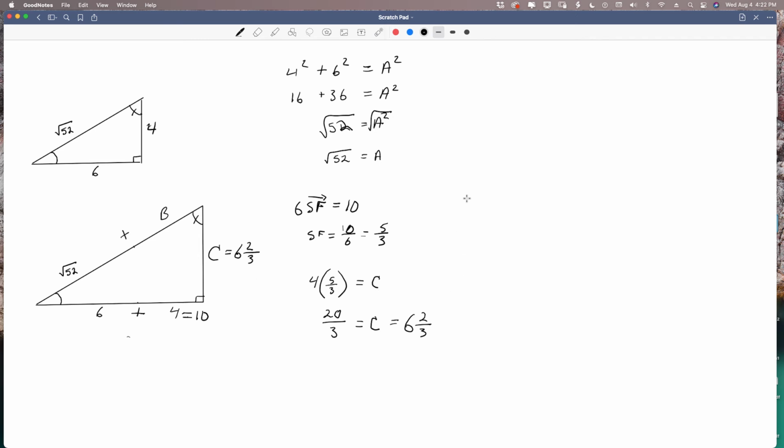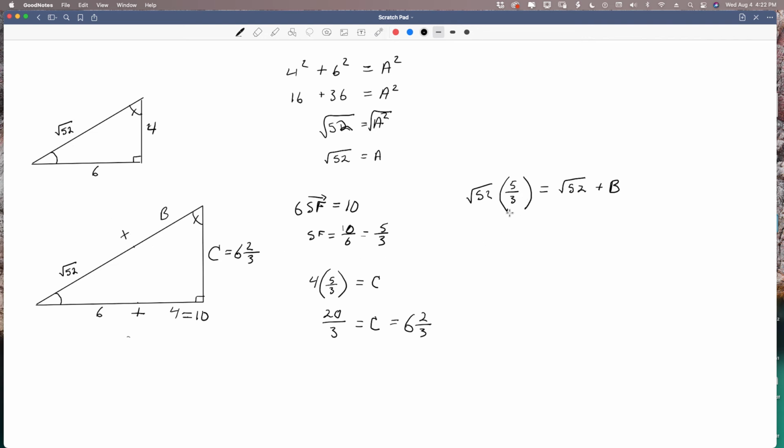So we're going to say the square root of 52 times our scale factor, which is 5 over 3, is equal to the square root of 52 plus B. Okay, do you see how that works? All right, we know if we scale this up that it should be the same as this.